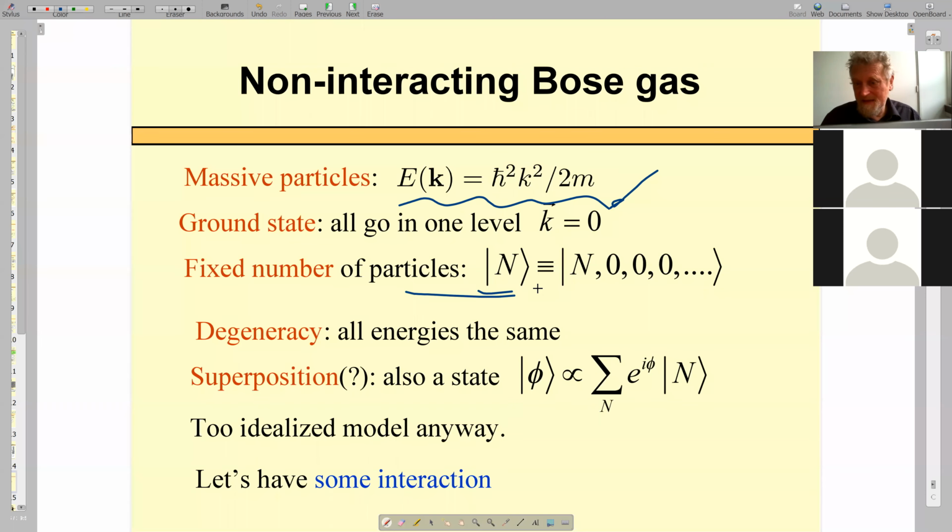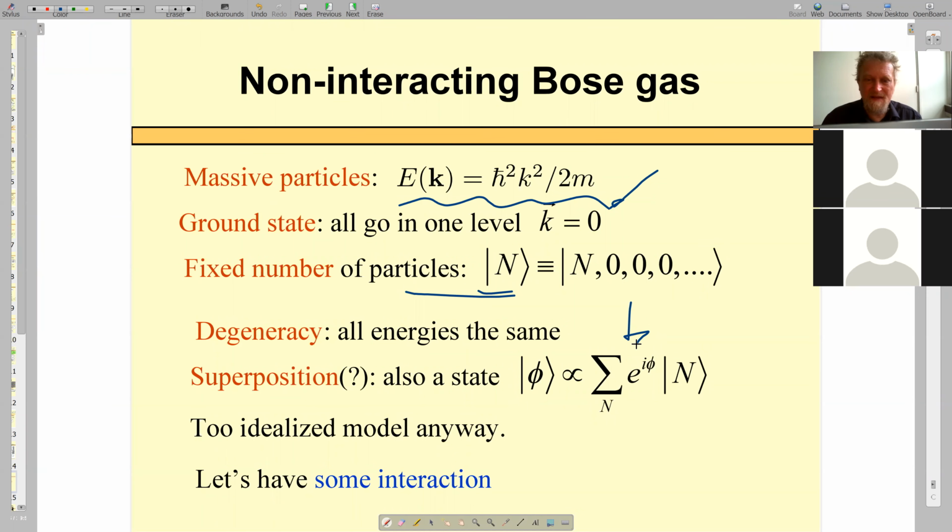And in this case, it makes sense to make superpositions of the states with different numbers of particles. I put it in this way, these phi being coefficients of the superpositions.